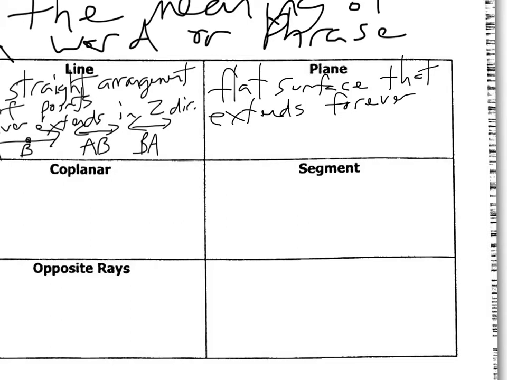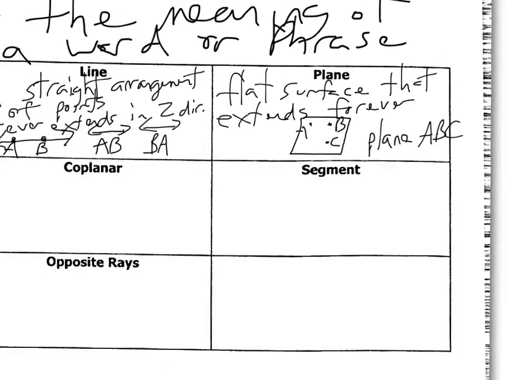It's hard to imagine, but that's what a plane is. So it looks like this, if we want to put what shape it is. To have a plane, you need 3 points. You need 2 for a line. You need 3 for a plane. So if I put 3 points on here, A, B, C, to name it, I would put plane ABC or BCA. The order of your letters doesn't matter in this case.